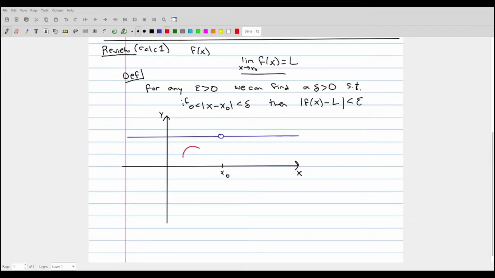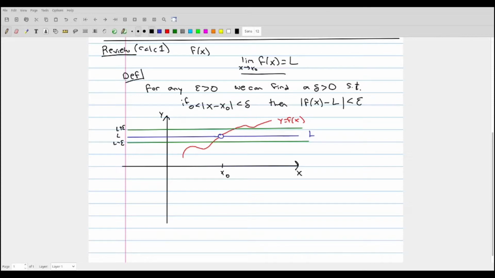If this is our function right here, say, and this value L is the limit value of the function, it's saying that no matter how close you get to this limit value, so this is L right here, this line is L plus epsilon, L minus epsilon.